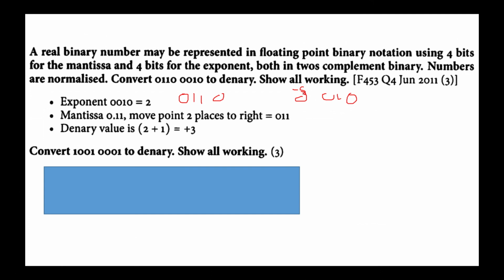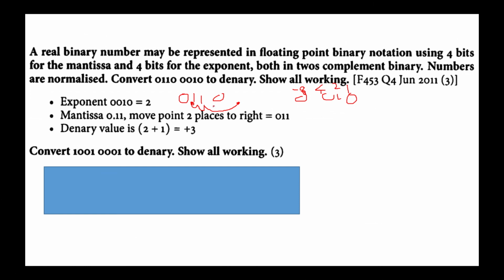Since this is -8, then it goes 4, then 2, then 1. The mantissa is 0.11, so you need to put the decimal point there. The decimal point is normally in between the mantissa and the exponent, so you've got to move it: 1, 2, then 3.